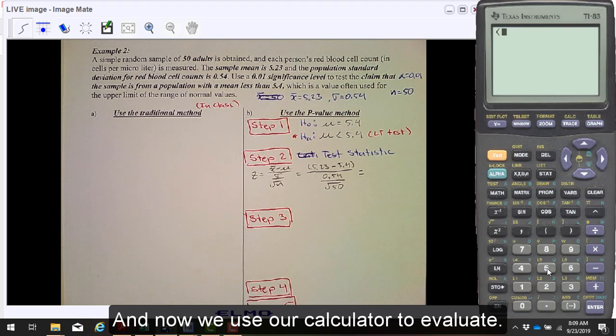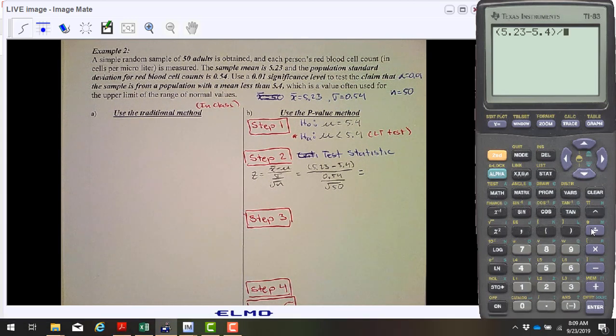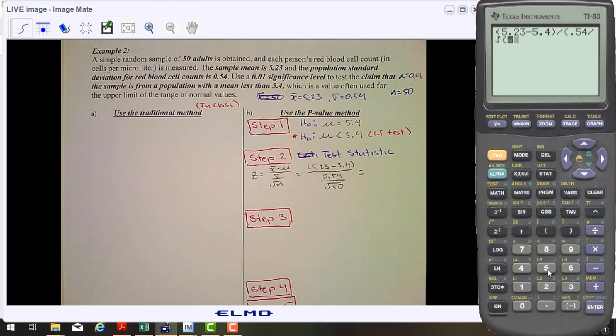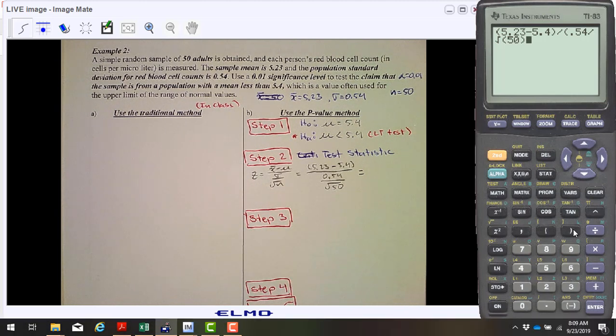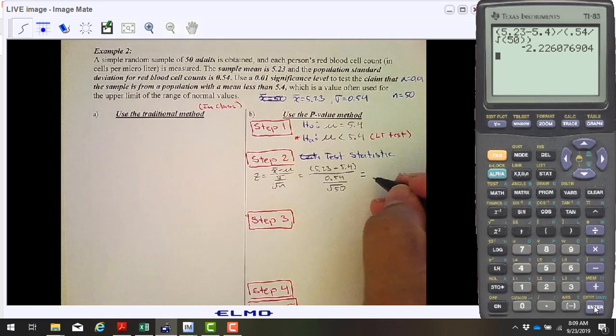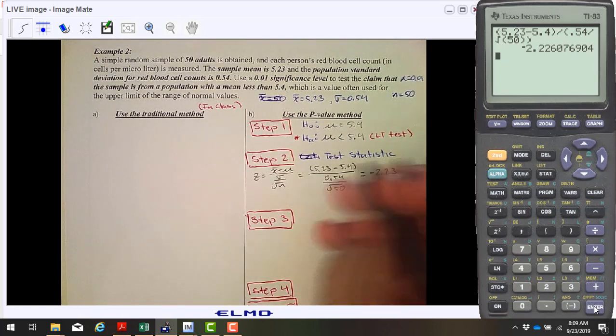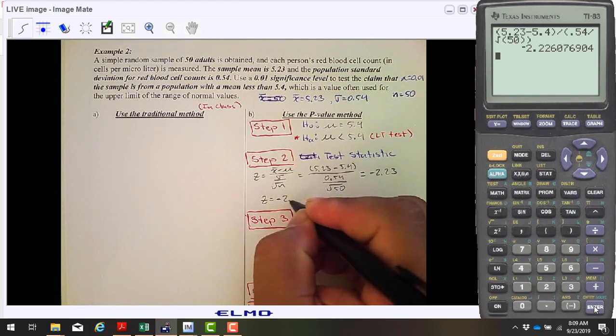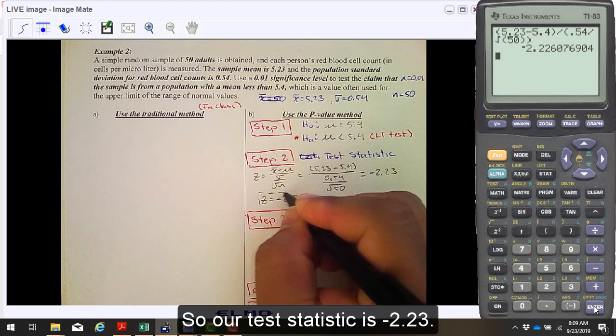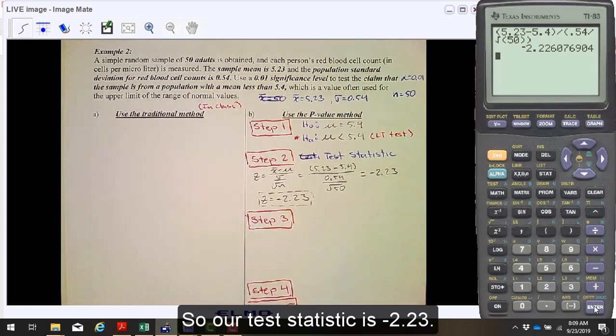And now we use our calculator to evaluate. So our test statistic is negative 2.23.